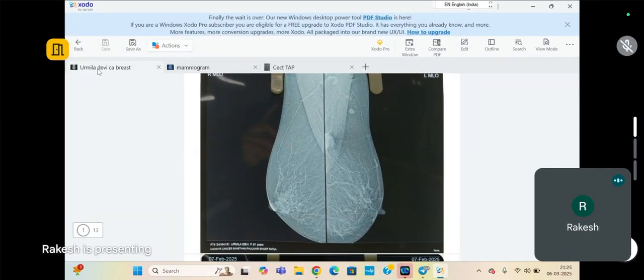BI-RADS is Breast Imaging Reporting and Data System.